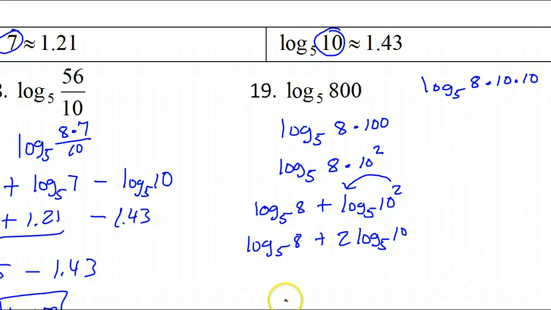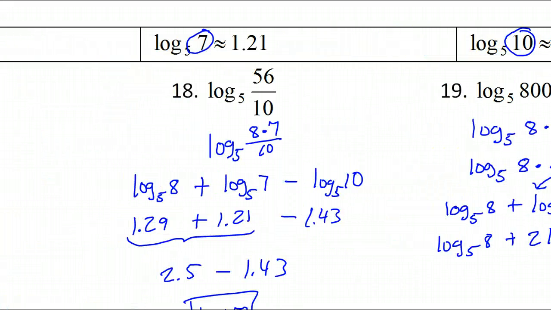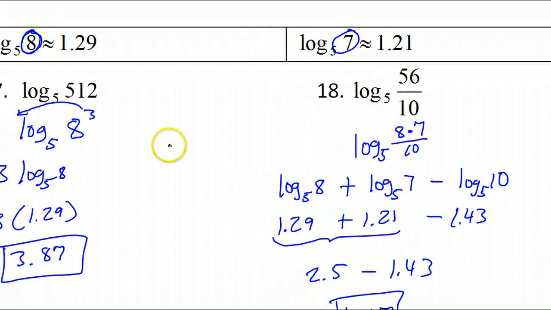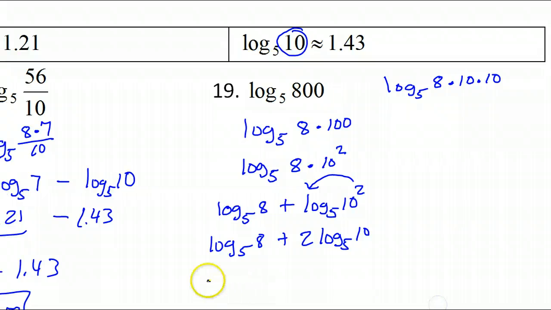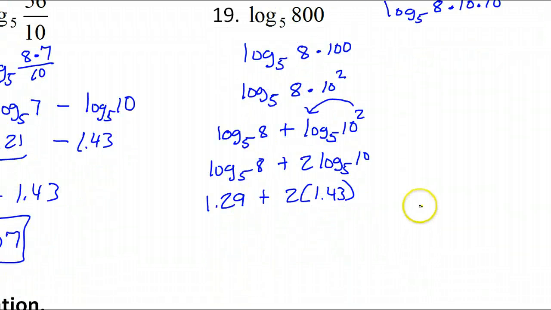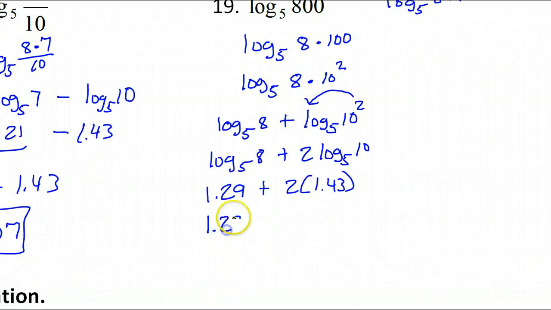Okay, so now I'll just put in all of these facts. So the first one is 1.29. So that's plus 2 times, and this one is 1.43. Okay, so that's 1.29 plus, go ahead and do this multiplication.